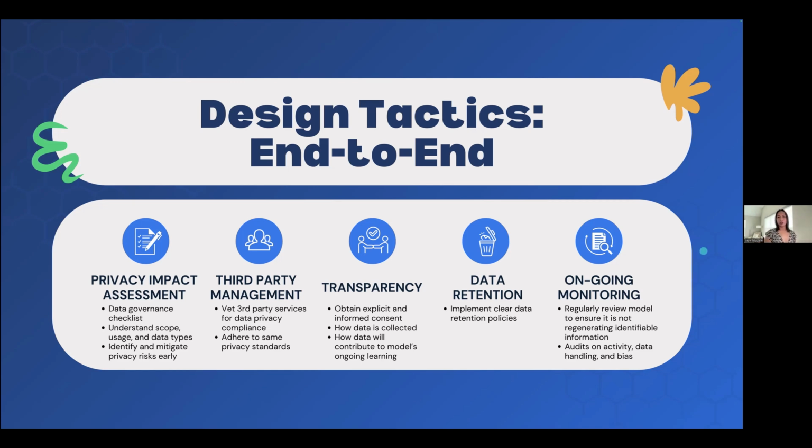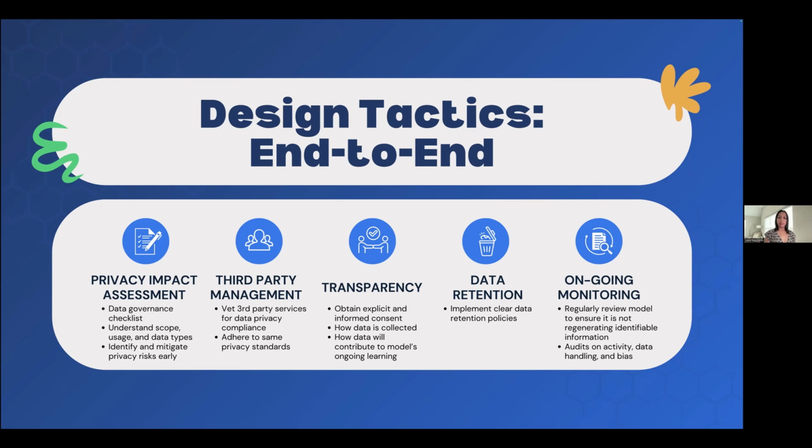And then if you use third-party services, make sure you vet them for compliance to data privacy and that they adhere to the same privacy standards. When dealing with users, you want to be very transparent, get explicit and informed consent, let them know how the data will be collected and how it's going to be used in the model's ongoing learning, and just respect that they do own their data.